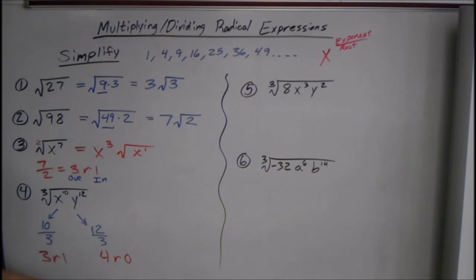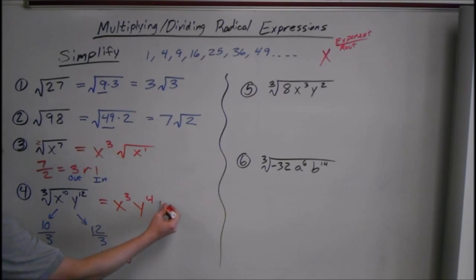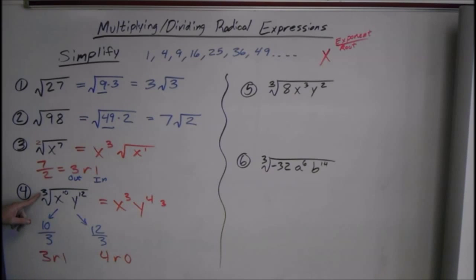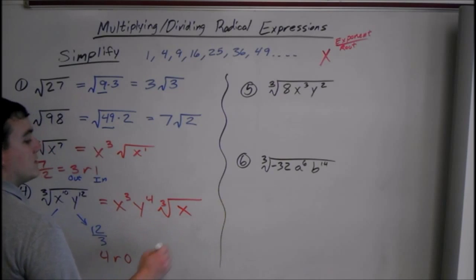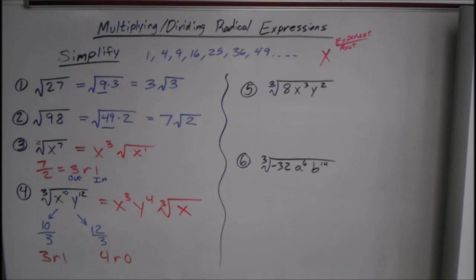So we take 4 out and we don't leave any. So this, in simplified form, would be x cubed, y to the 4th, and we leave in, make sure you don't forget to write that little cube root symbol, little 3 goes in there. We don't leave any y's in, but we leave 1 x in. So that would be it.